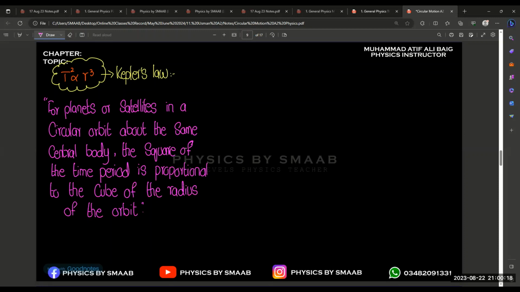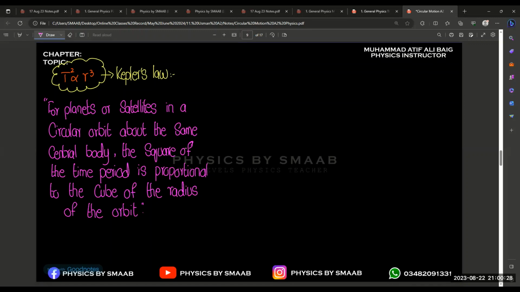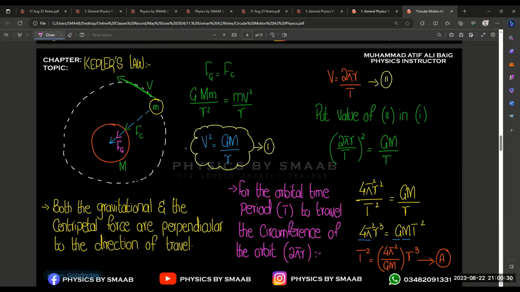But if we write the statement at the start, it will be difficult to understand what we are actually deriving. So we take the reference from the circular path and take the reference that both forces are equal. We just started from the basic formula, and once we got the basics, the other part of this derivation is just mathematics, right? There is no other additional concept, just like the previous chapter.